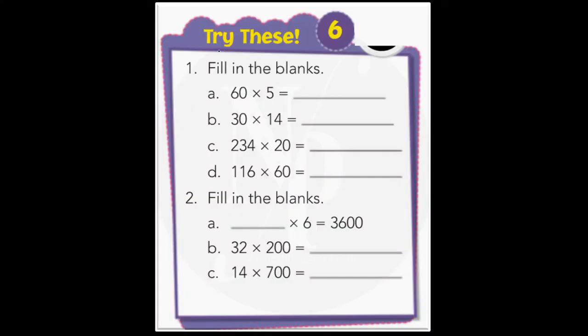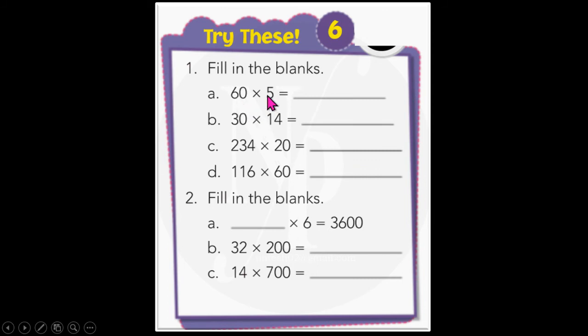Here we have Try These, number 6. Question number 1. Fill in the blanks. A: 60 into 5. So multiplication of 5 by 60. So what we do is we multiply 6 and 5.